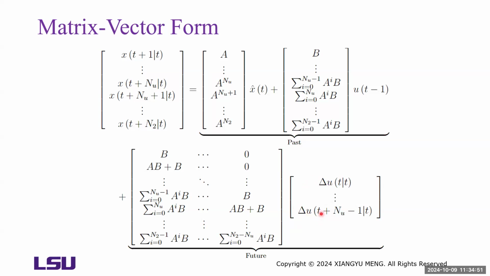We can also see at this point, if we write this in matrix vector form, then we can separate the prediction into the past information, using the state estimate of the true state at time t and the past control input, and all the future information, the change of control input.